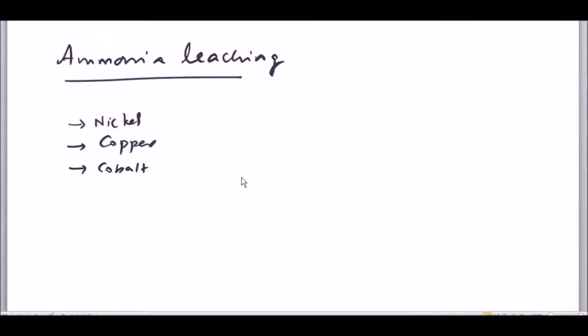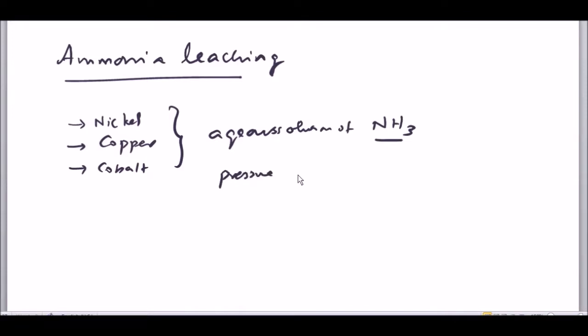Take metals like this and treat them with aqueous solution of ammonia, NH3, under the pressure, so that you can get the soluble complexes. These are the complexes we can have.